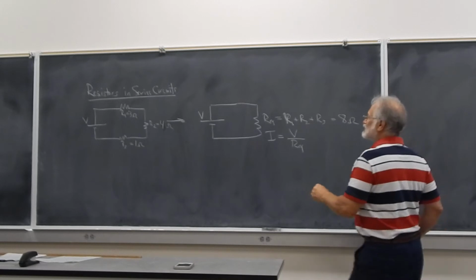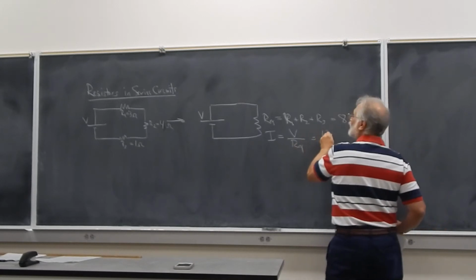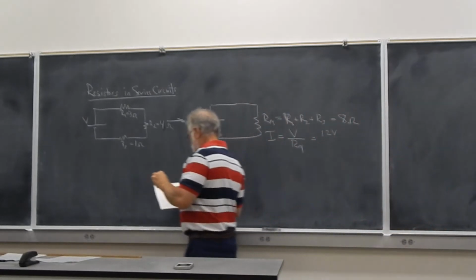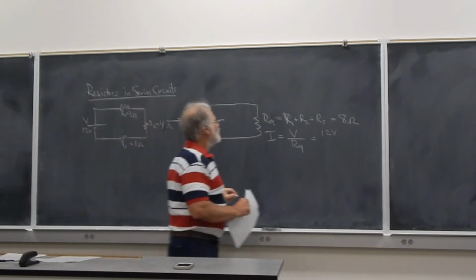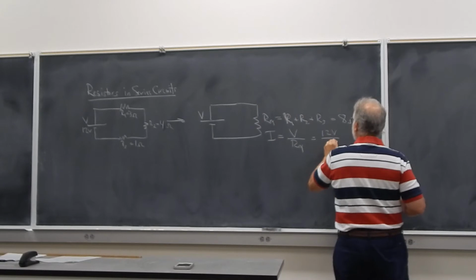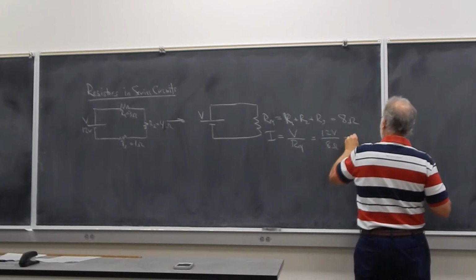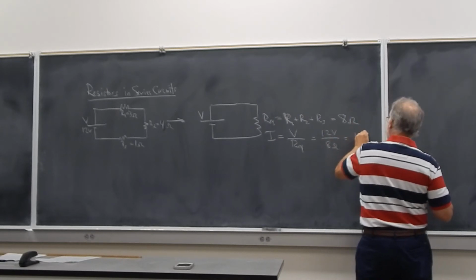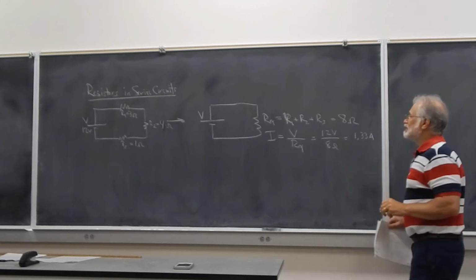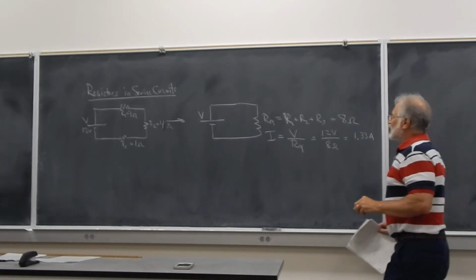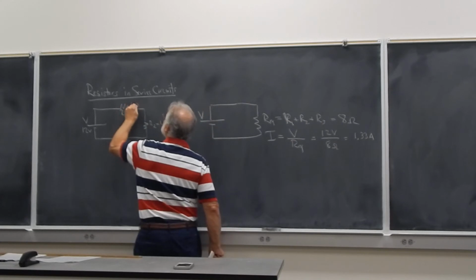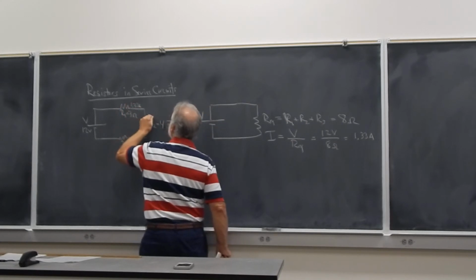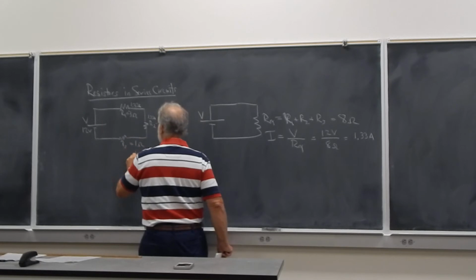The current in the circuit would be, let's say the battery was a 12-volt battery, 12 volts divided by 8 ohms, or 1.33 amps. That means that you would have 1.33 amps going through each of these resistors.